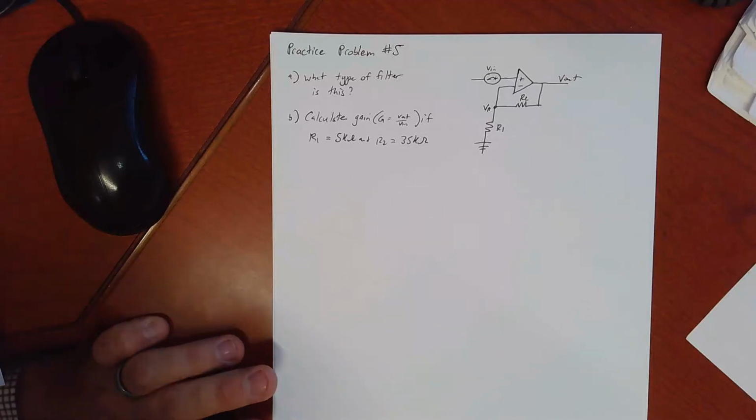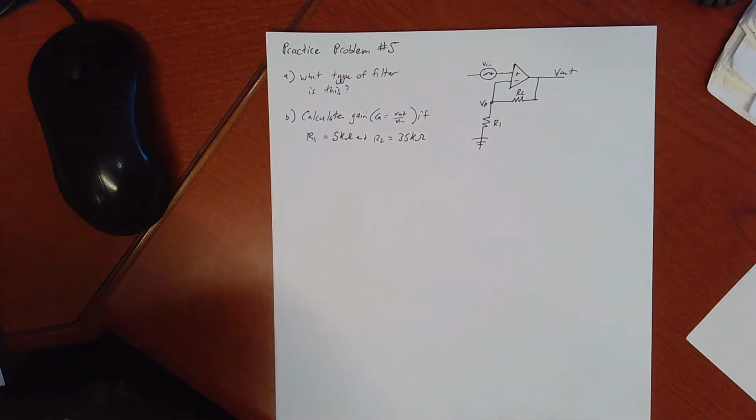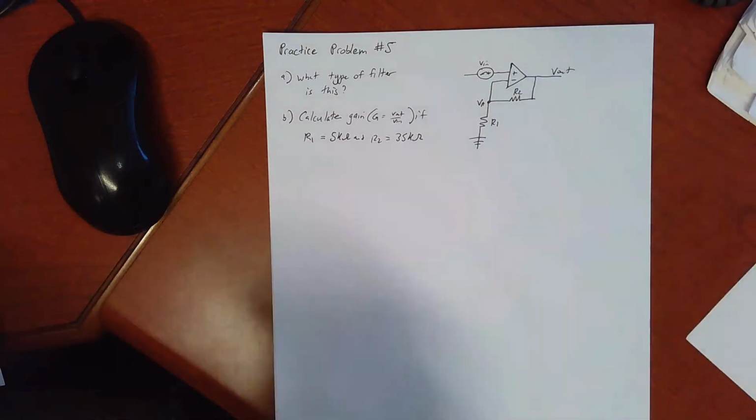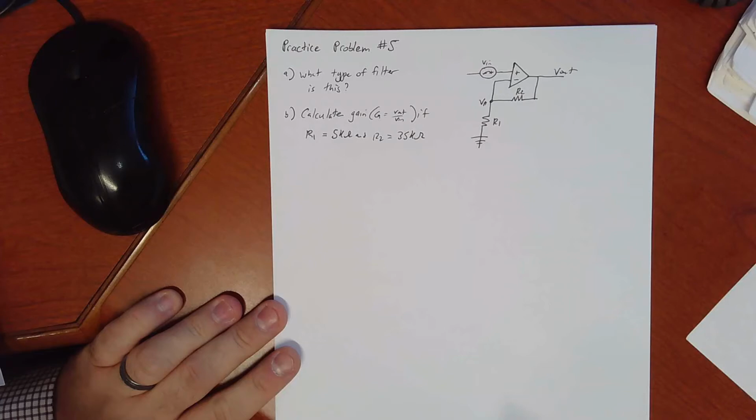In this problem, for the first four problems we're doing passive circuits, and you derived a couple of different filters and saw we use voltage dividers quite a lot. Now, practice problem 5 goes off the rails in that we're throwing in our active component, our ideal op amp. But don't be afraid.